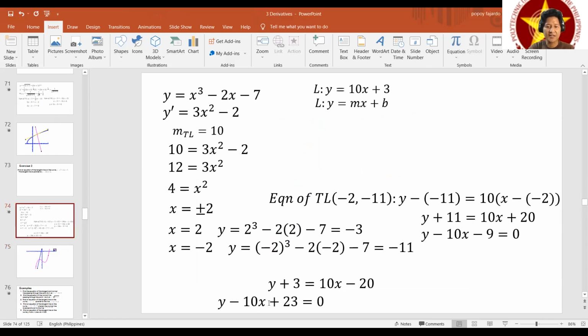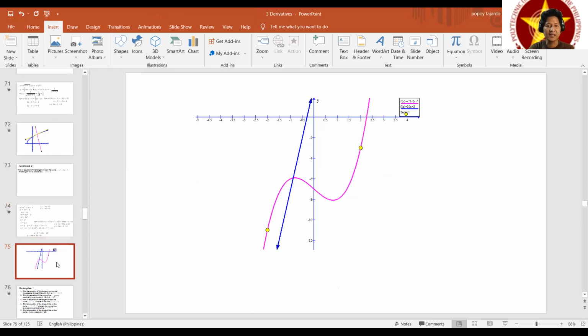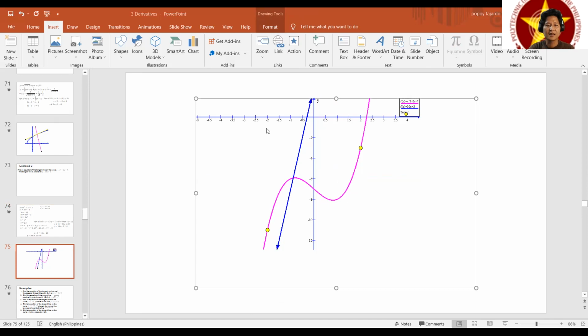Y equals, in this case, 10x minus 23. So, dagdag natin y equals 10x minus 23. Okay, palitan natin ang kulay. Sabi natin light blue. Ito yung dadaan dun sa 2, negative 3, di ba?